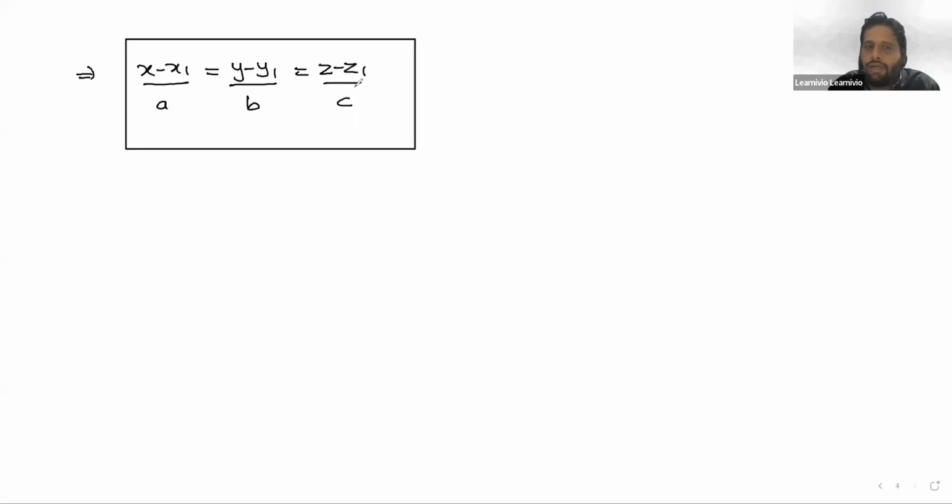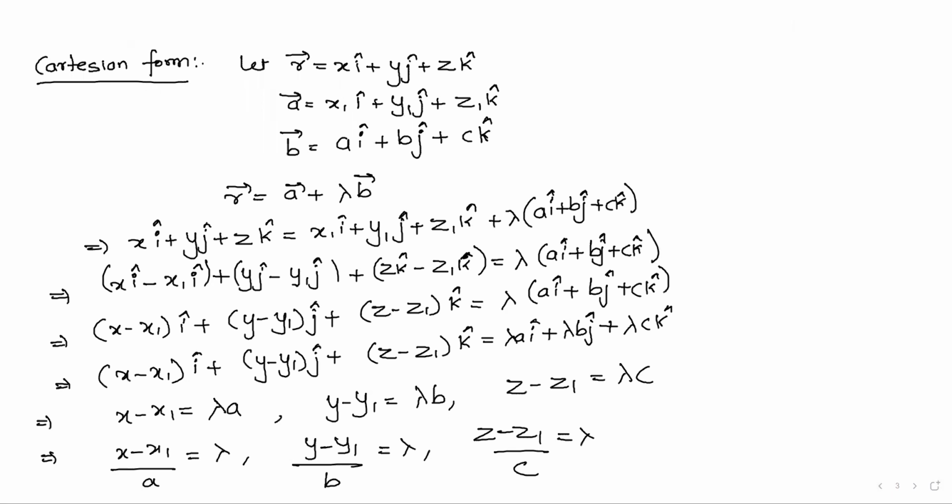If you wish, you can write it, but there is no need. So whenever they ask you about the Cartesian form, use this one. We will use lambda first when we need to assume any point, that I will tell you later on. But if they are asking about the Cartesian form, just write this one. Please note this down, raise your hands once it is done.